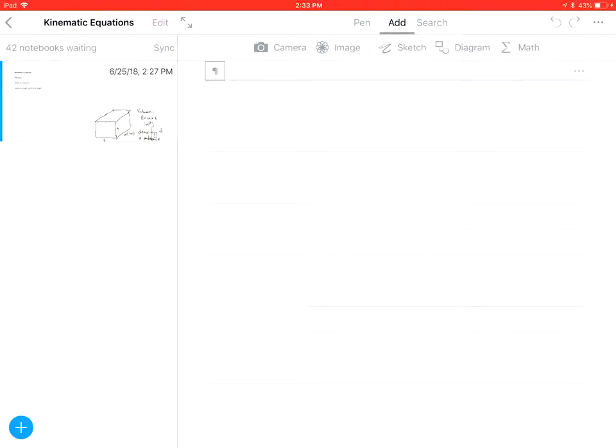So time would be the next one, and I could just say distance is equal to the product of speed and time. See that? If you look at this, time is like a coefficient to relate distance to speed.